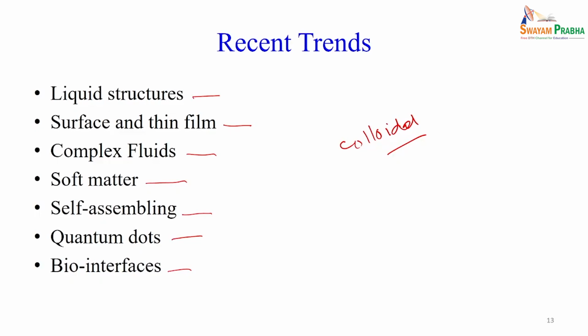So we will conclude this lecture here, and in the next class we will start the classification of various intermolecular forces, their different functions, and how these intermolecular forces define the behaviors or properties of systems. Thank you.